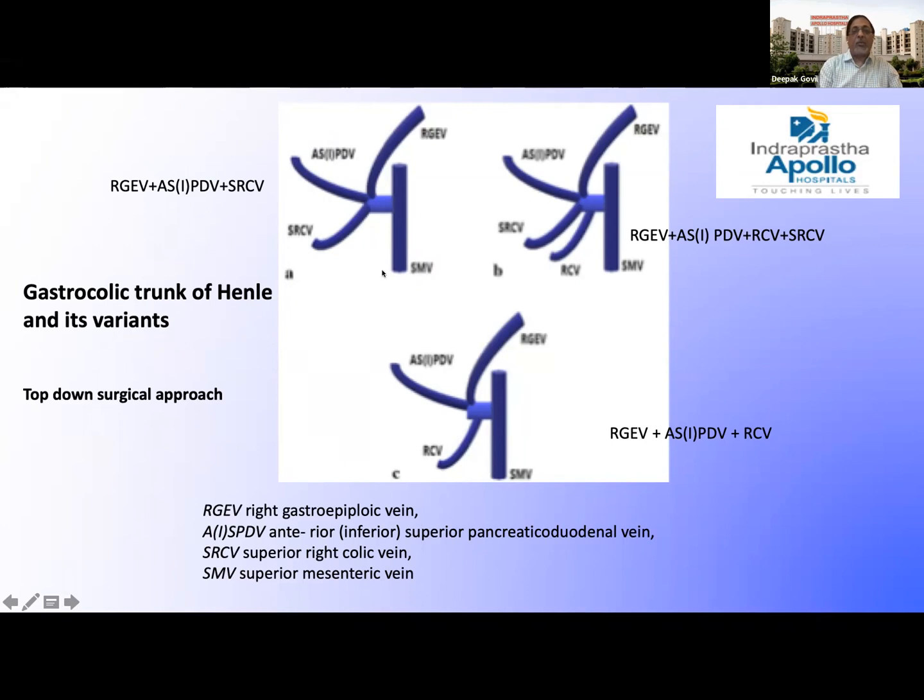This is one of the commoner ones, and there can be a separate right colic vein and a superior right colic vein. In the majority of cases, you follow from the right gastroepiploic vein and take a top-down surgical approach while doing these procedures, so that you can reach this gastrocolic trunk and clear lymph nodes at that level.